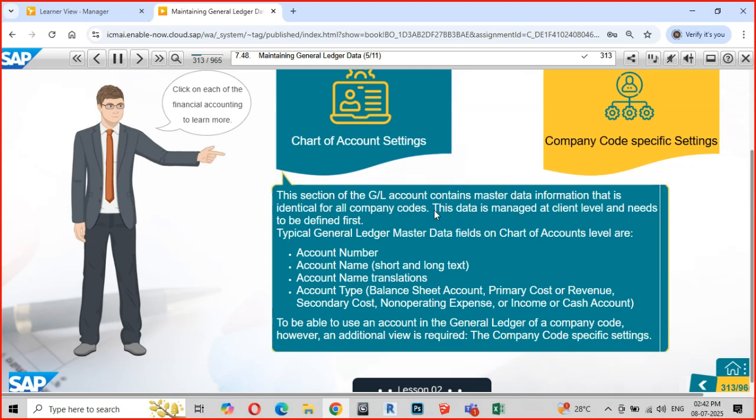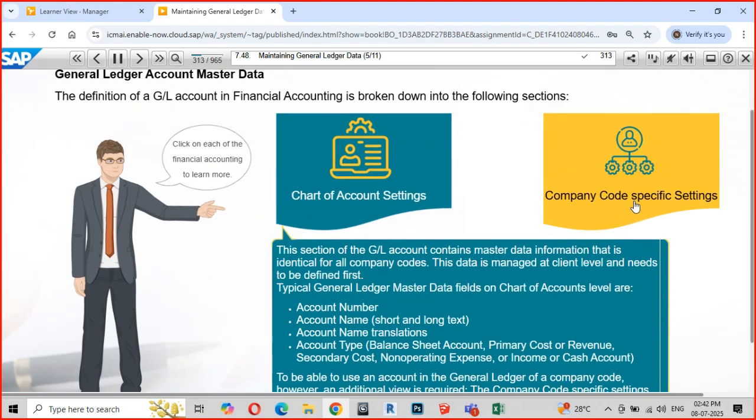That's why it says this data is client specific. It is specific to one client only. Yeah. Now, what is the chart of accounts settings and what is this company code specific settings? I'll explain this practically.